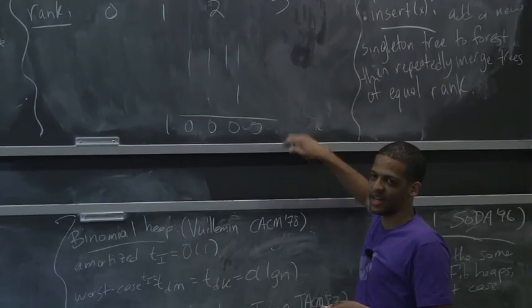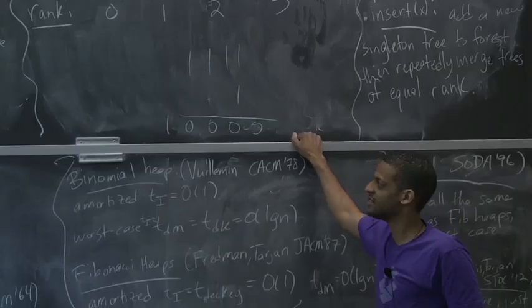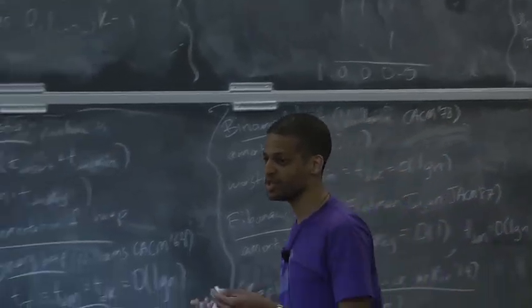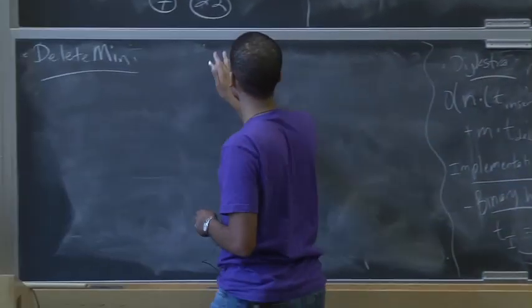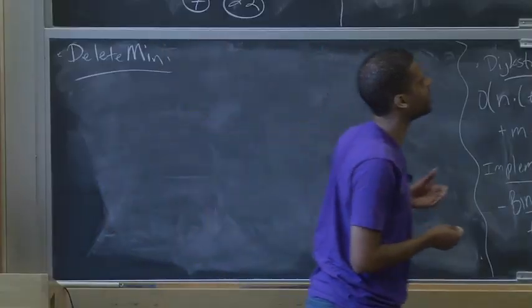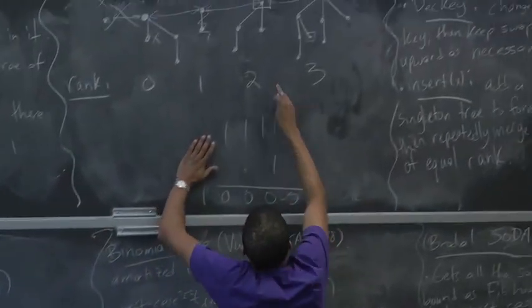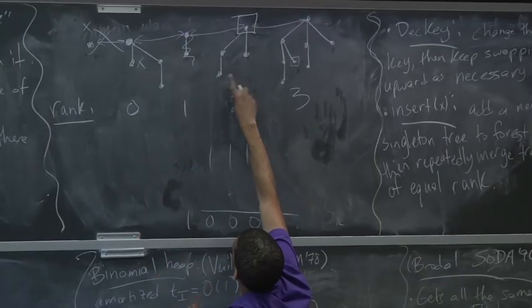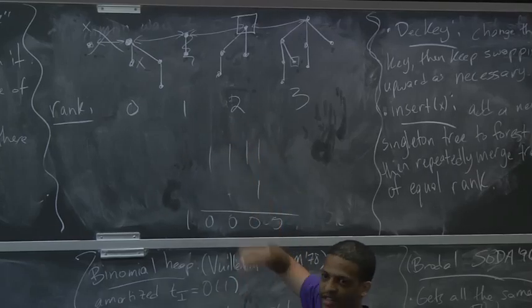And again, it's like binary addition. Right? So we have to merge things of equal rank. And what trees do we have? Well, we have the trees that correspond to binary adding this number, namely, this is basically 1 plus what's left up top.